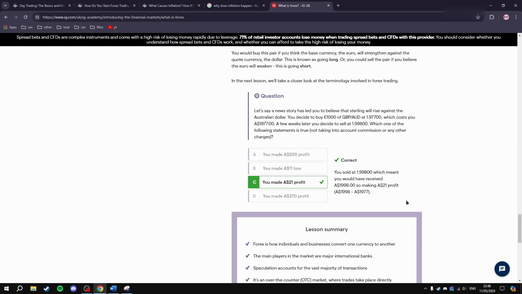Okay, good. Scared me for a second though. I thought after all the reading I've done, I still don't understand how to calculate profit and loss. So, you sold at 1.9980, which meant you would have received 1,998 Australian dollars, so making a 21 dollar profit. Yeah, that makes sense.